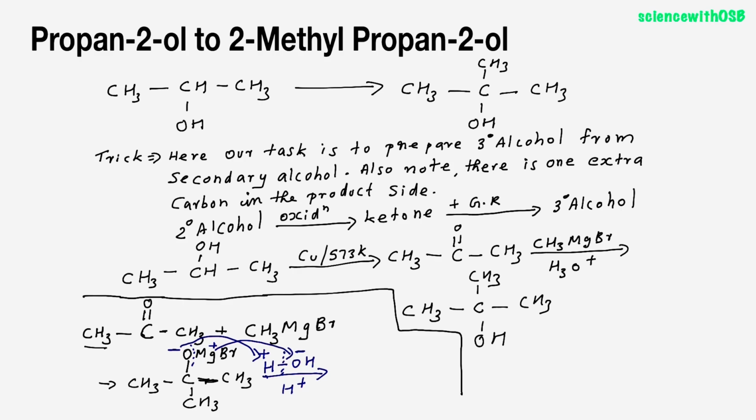So what will you get? You will get the final answer, that is 2-methylpropan-2-ol. Now that oxygen takes the hydrogen, it becomes OH, and Mg will take the OH, so MgOHBr. Hope you understand. This is the method by which we got the final answer.